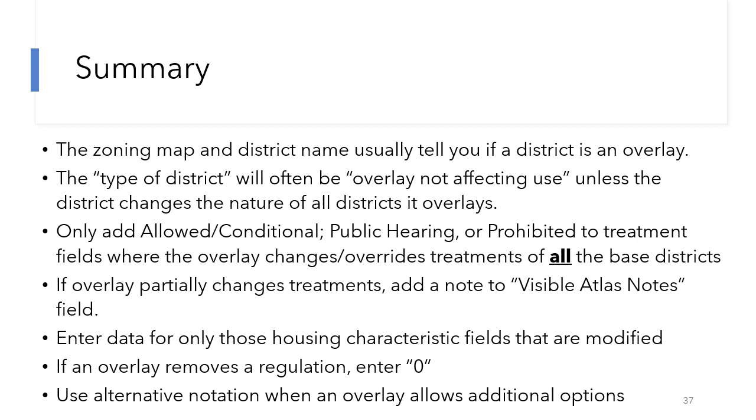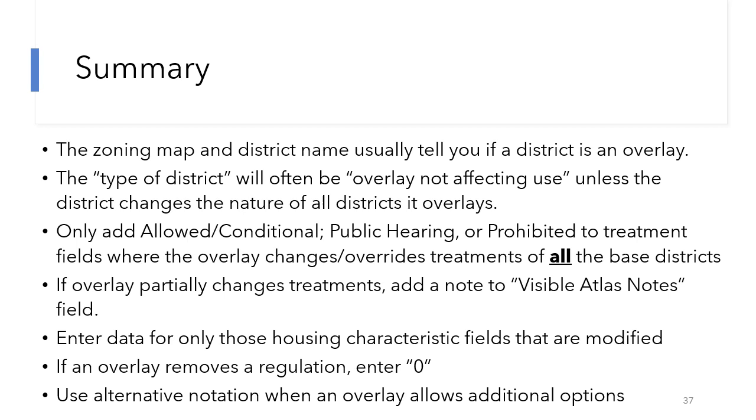Otherwise, if it only partially changes treatments, we'll simply add overlay to that treatment field and add a note to the visible Atlas Notes field. We're going to enter data for only those housing characteristic fields that are modified by the overlay district. We will never enter base district data into an overlay district entry.